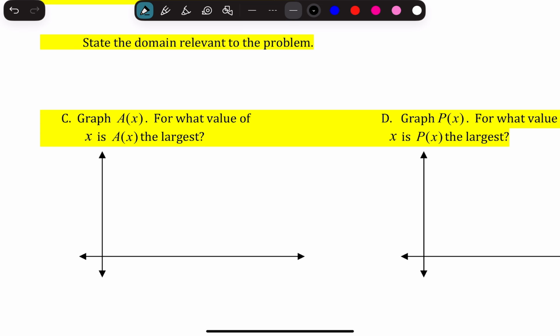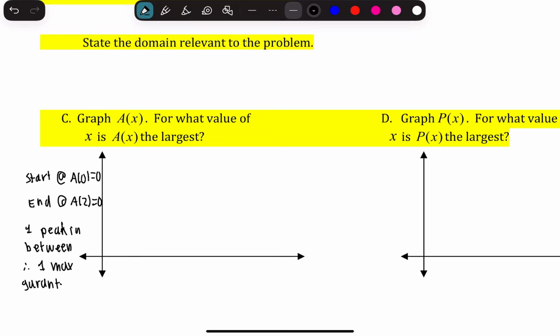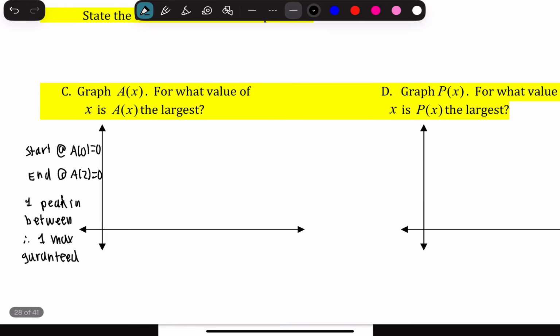So we start at A of 0 is equal to 0, and we're going to end at A of 2 is equal to 0. And there's going to be one peak in between. So that means, therefore, we have one maximum guaranteed. So now we have to find the max.